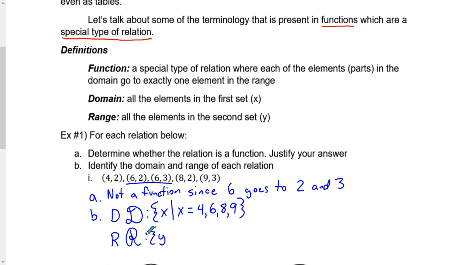So we use a colon, our brace, squiggly bracket, a bar or a vertical bar, and it just says our y's are equal to 2 and 3. That's it.